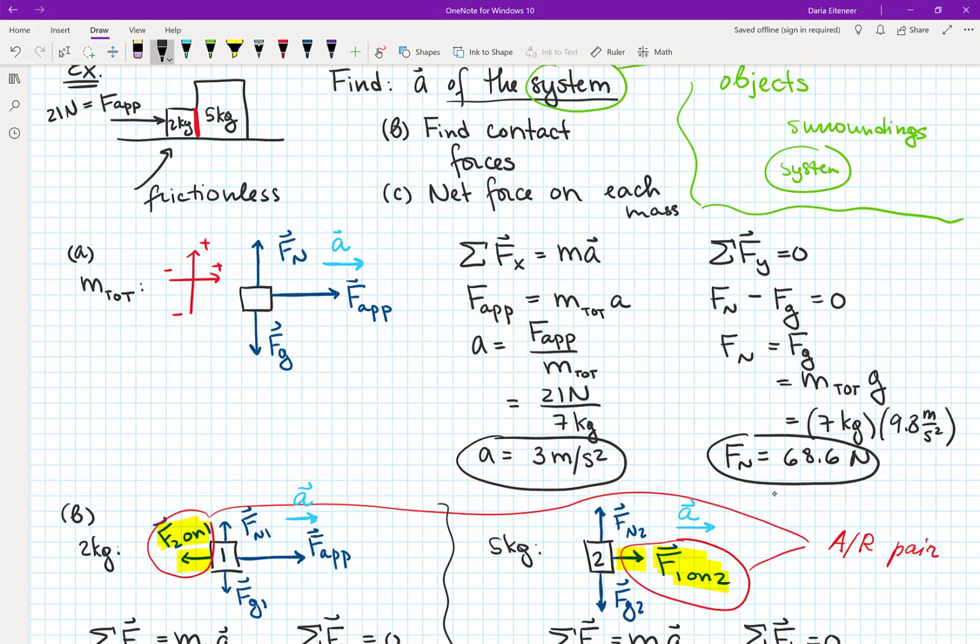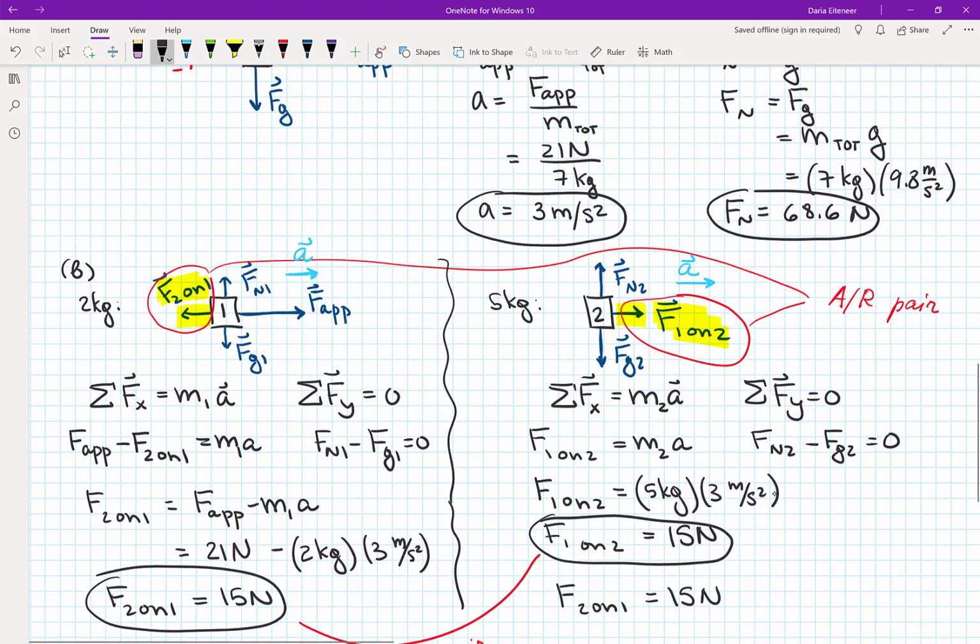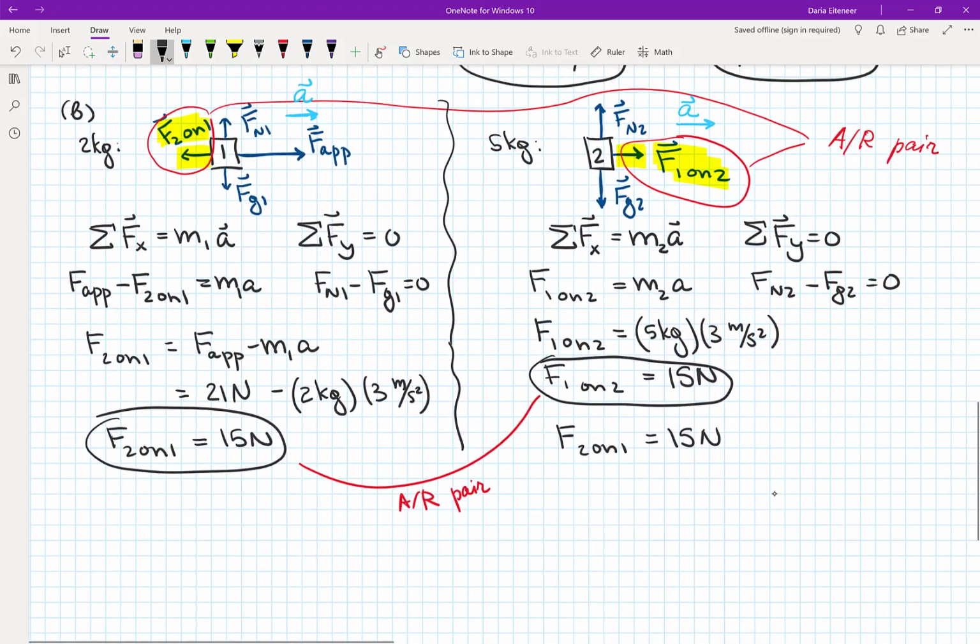So we already know what the net force of the system is, right? That was just our applied force, everything else balanced out. But now let's figure out how to get the net force for each mass. We actually already sort of answered that question, except we didn't show it calculation-wise. So now let's do that.